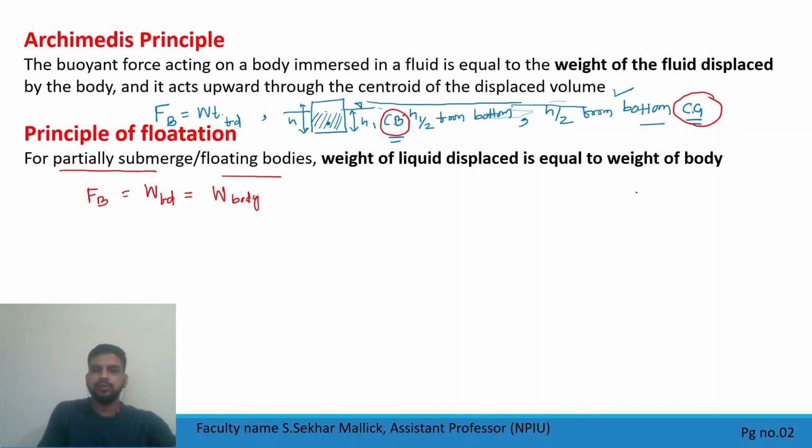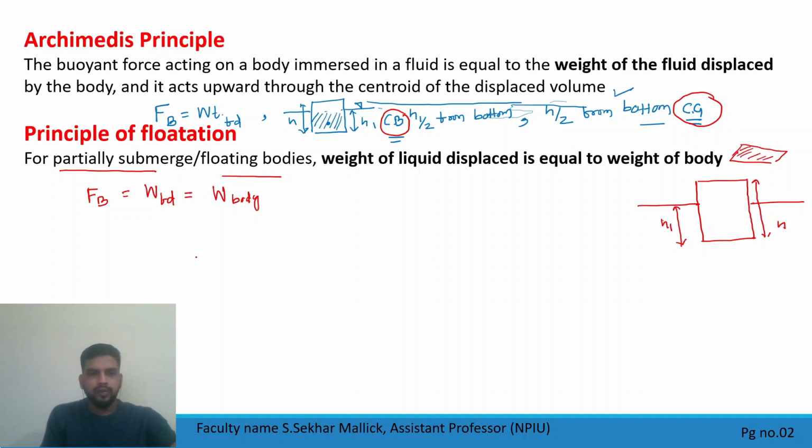That means suppose a body is floating here. And suppose this depth is h1 and the total height of the body is h. And suppose it's a rectangular body, so the top cross section will be a rectangle. Now weight of fluid displaced is how much?